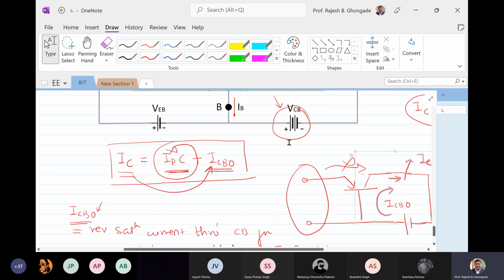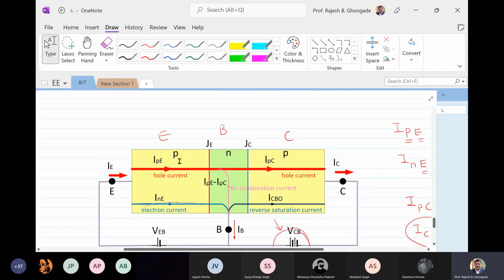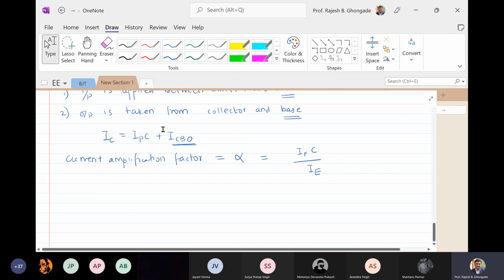Let us say I had given you a rough estimate, just for example, 95% of the holes from this region cross over into this region to be available as collector current. So the ratio of output current to input current is called the current amplification factor.